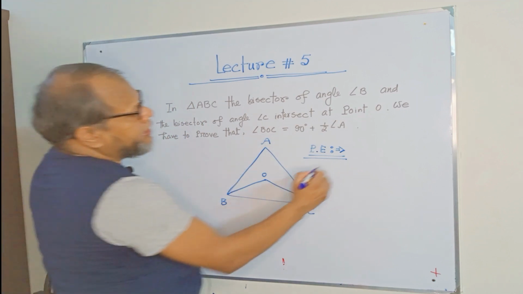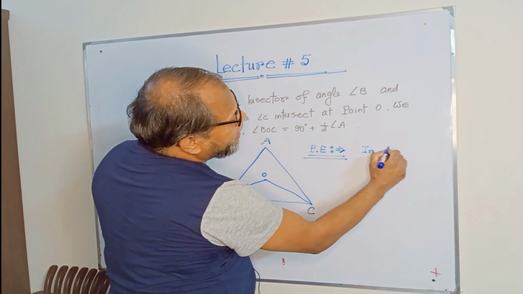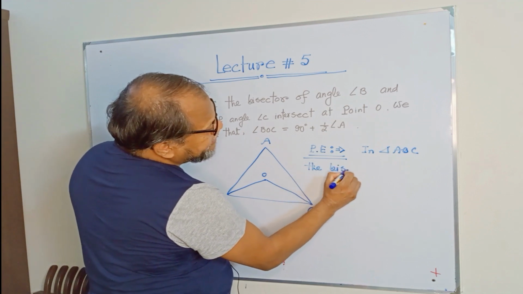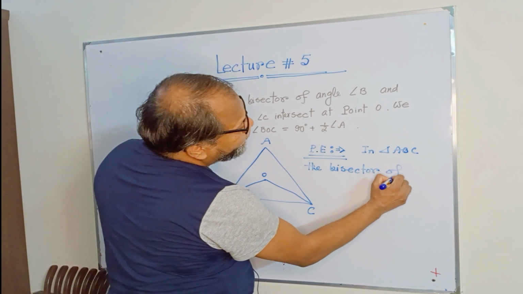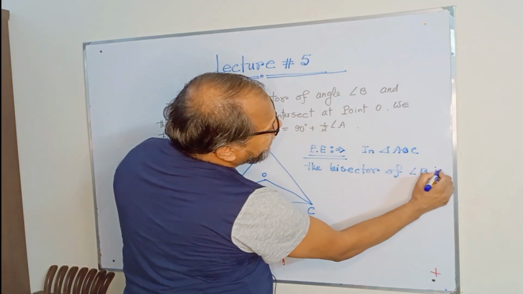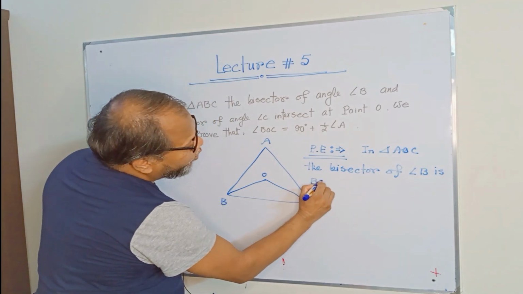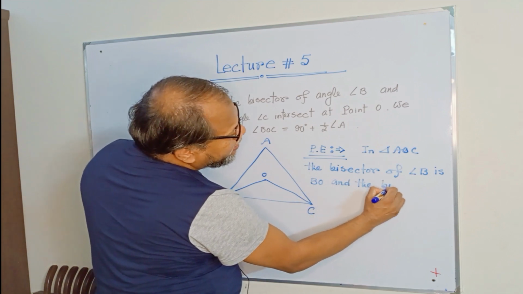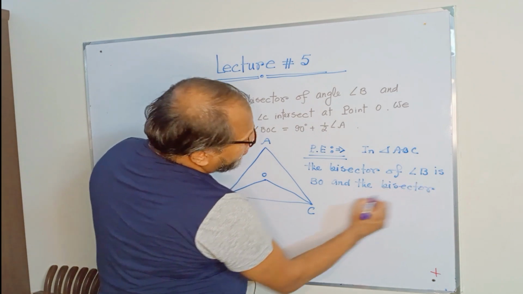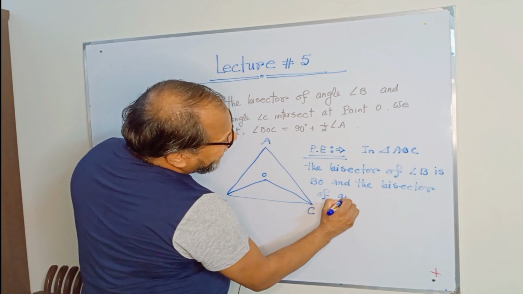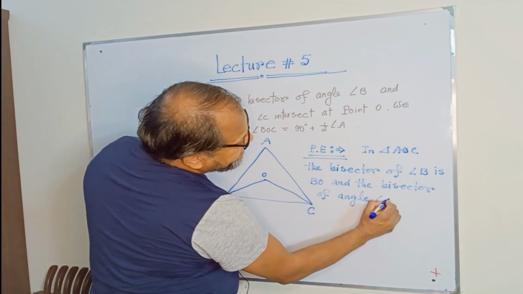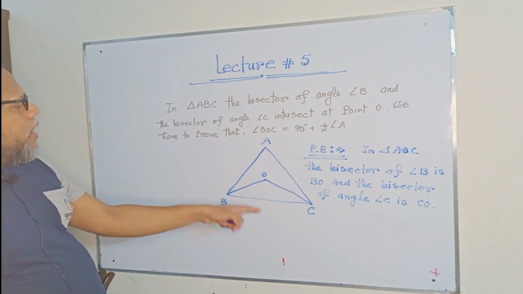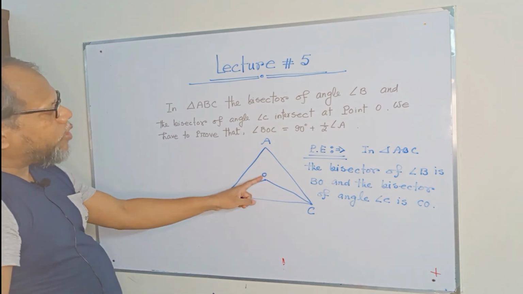In triangle ABC, the bisector of angle B is BO and the bisector of angle C is CO. BO and CO intersect at point O.